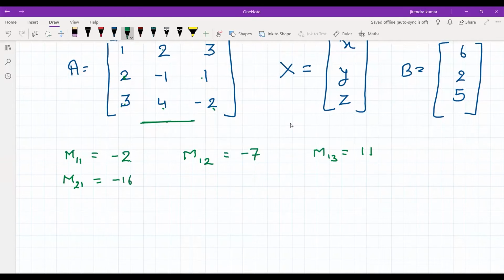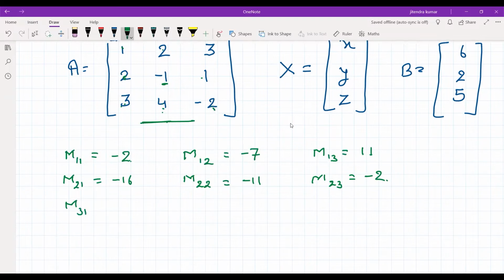Then M22. M22 will be equal to 1 into -2, which is -2, and minus 9. -2 and -9 will equal -11. Then M23 will equal 4 - 6, which will give us -2.